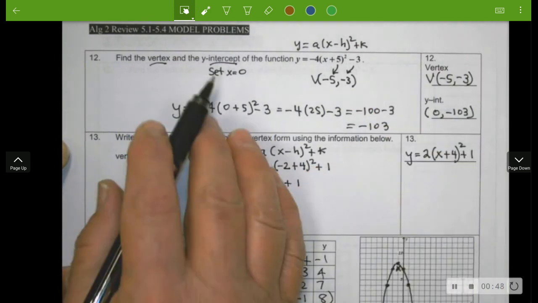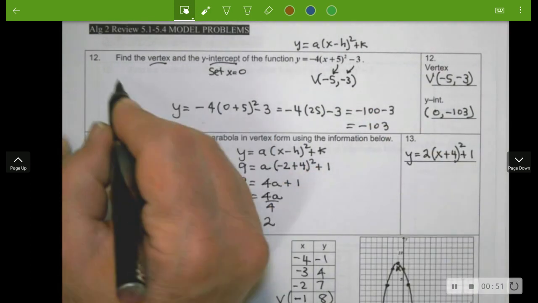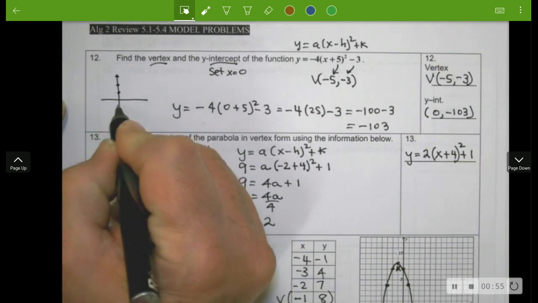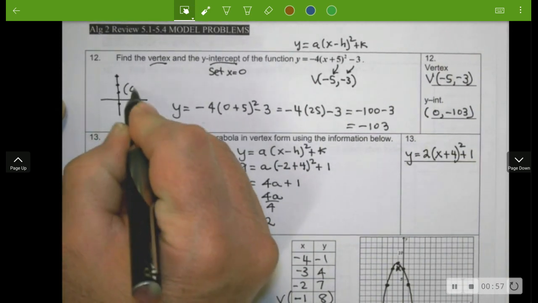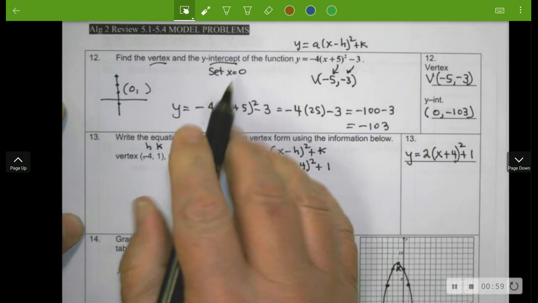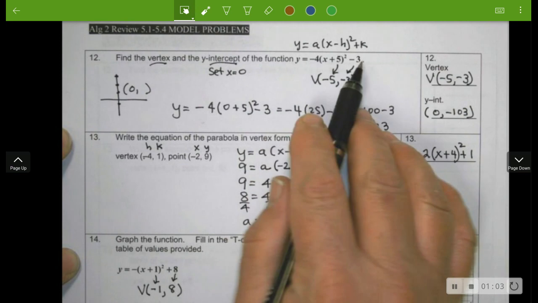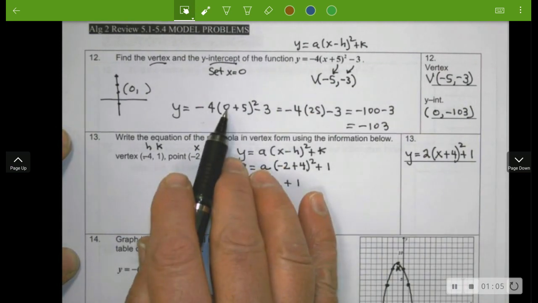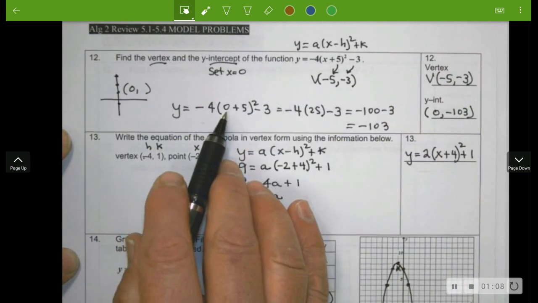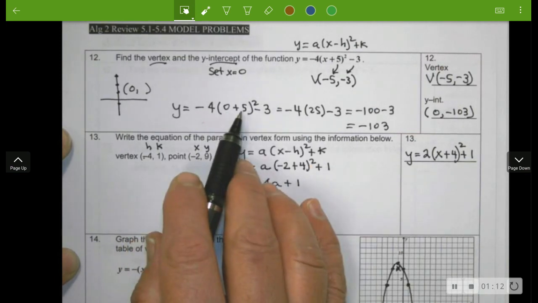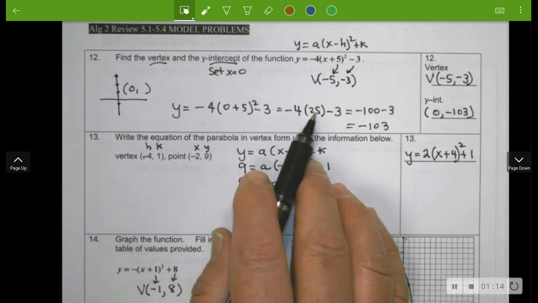Okay, to find the y-intercept, you take advantage of the fact that anytime you're on the y-axis, the x-coordinate will always be 0. So you set the x equal to 0. And you can see I took the equation here and I put a 0 where it used to say x. And the rest is just calculating: the sum here is 5, and you square it to get 25.